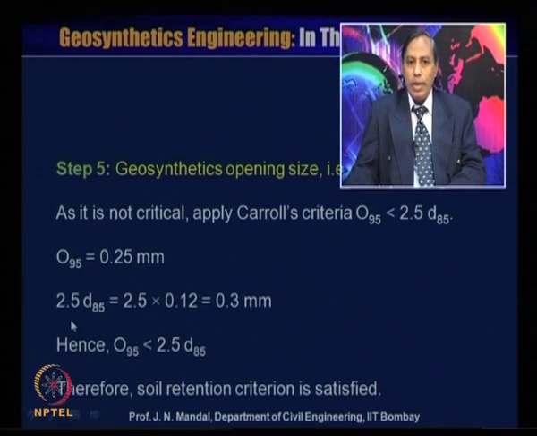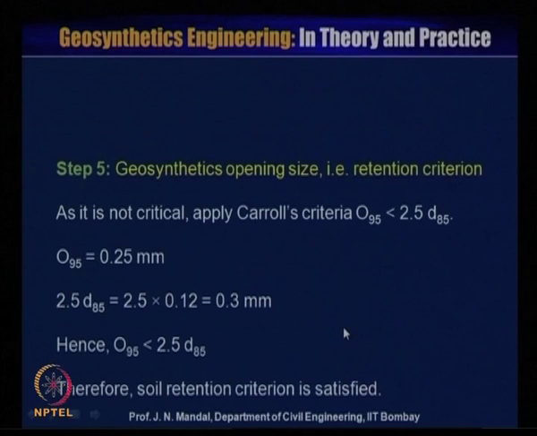So 2.5 D85 is 0.3 millimeter. So this is less than this. Therefore, the soil retention criteria is also satisfied. So we have designed the gabion geotextile when you use it at the back of the gabion wall.